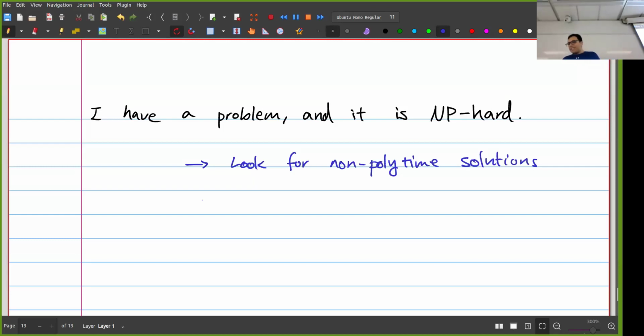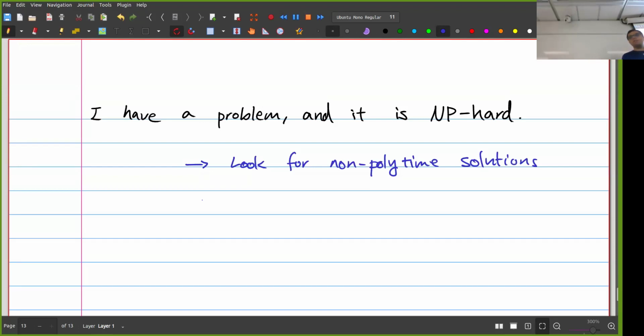But here's the thing. What if I use randomization? So when I was defining a Turing machine, we didn't have any probabilistic behavior. In a deterministic Turing machine, from every state and every entry on the tape, you know exactly where you have to go and what you have to do, right? And even in the cases where there was non-determinism, there is no chance.